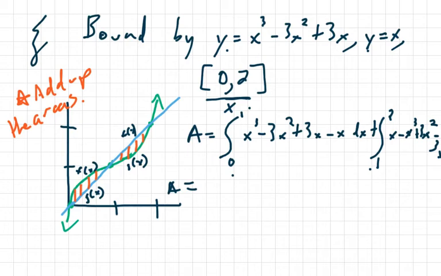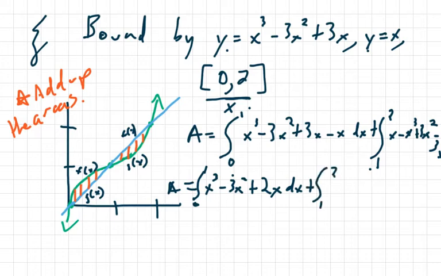So we've got the integral 1 to 0, x cubed minus 3x squared plus 2x, and then d of x plus the integral 2 to 1. x minus 3x is negative 2x minus x cubed, and then plus 3x squared, d of x.